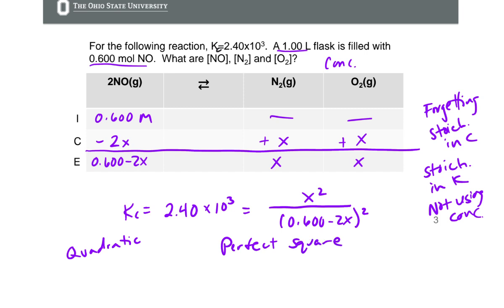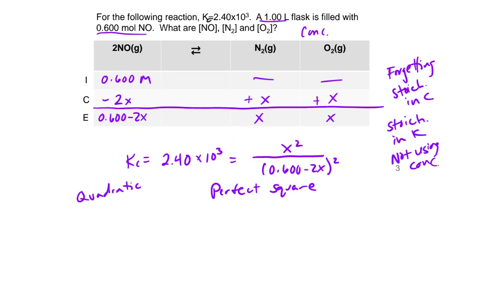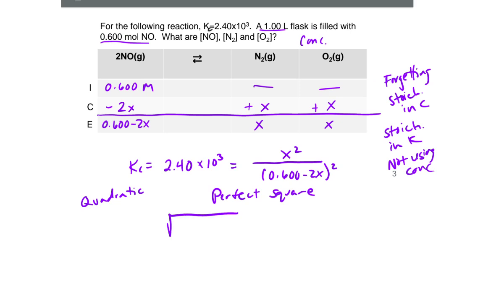And if you have a perfect square, that means you can take the square root of both sides of the equation. So if we do the square root of 2.4 times 10 to the third, and the square root of x squared over (0.6 minus 2x) squared. And by the way, this numerator is x squared because we have x times x.